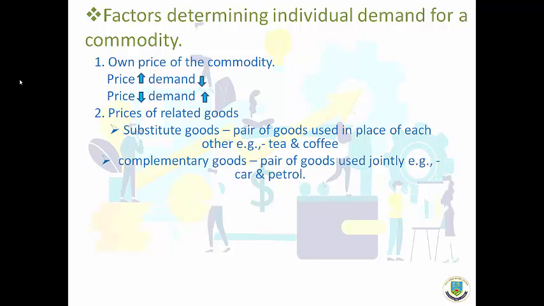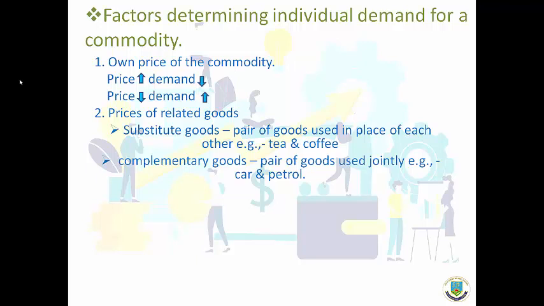So here I've taken an example, tea and coffee. If I want to have a cup of tea, I can either use tea or coffee. So tea and coffee are very close substitutes.